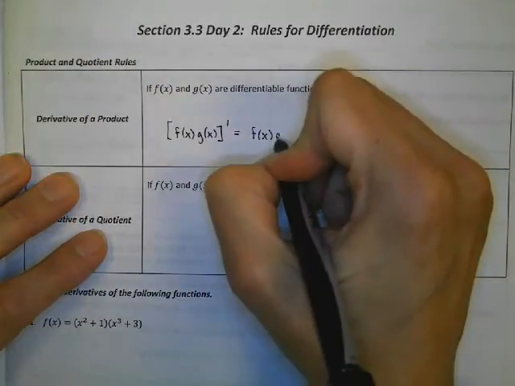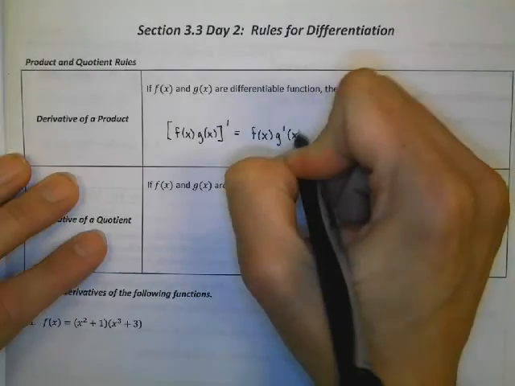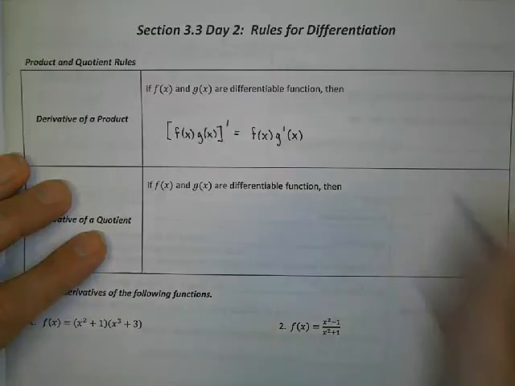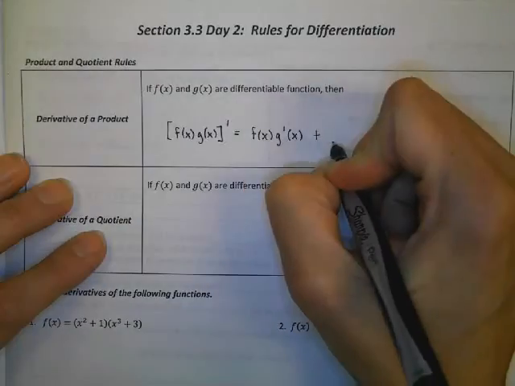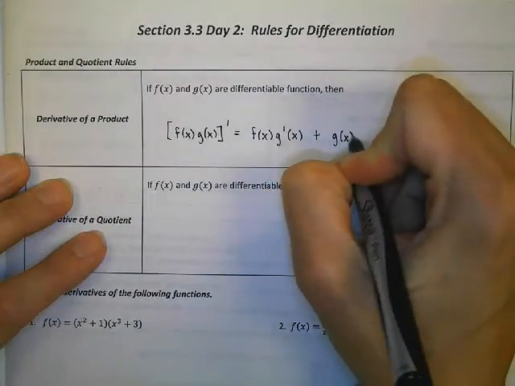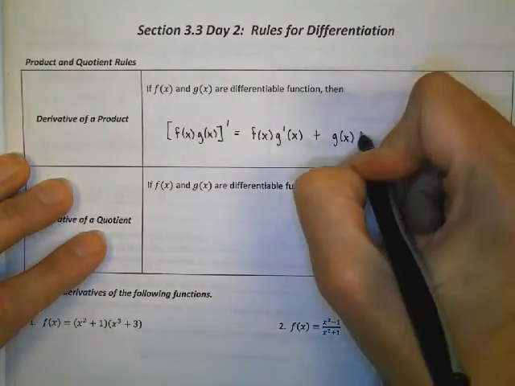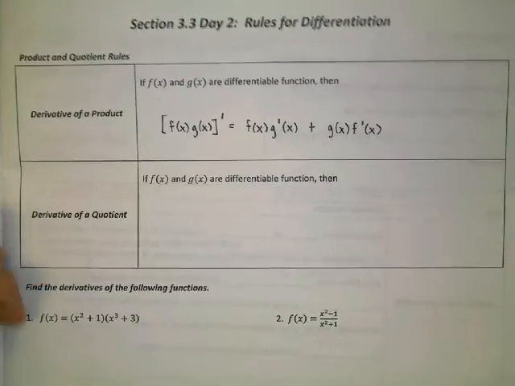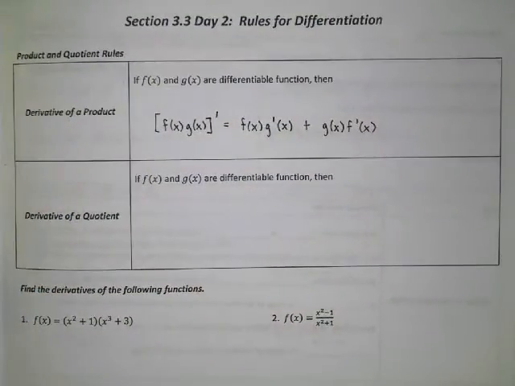Then I multiply that by the derivative of my second function, g of x. And then I add my original function, g of x, times the derivative of f of x. So that is my product rule.